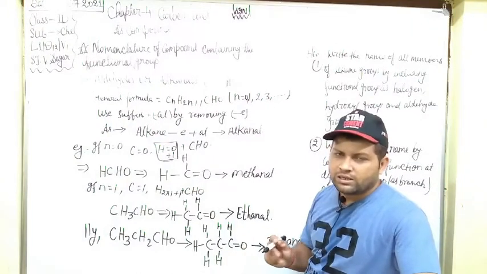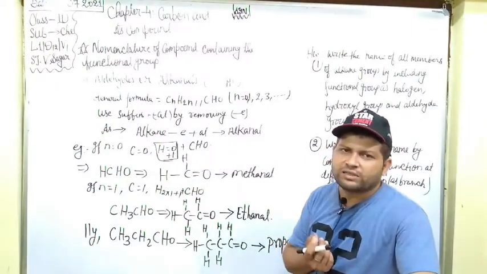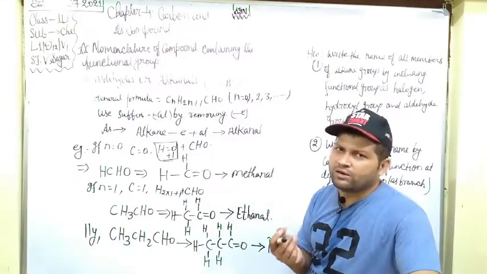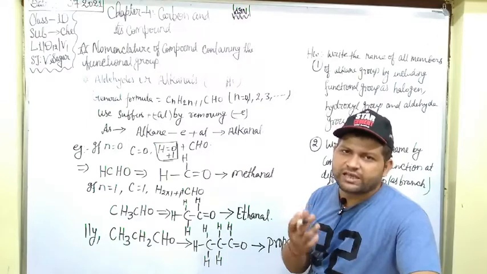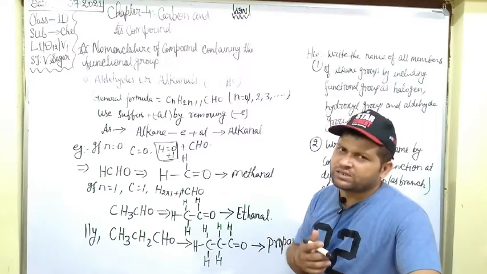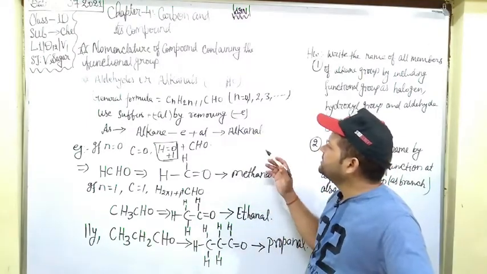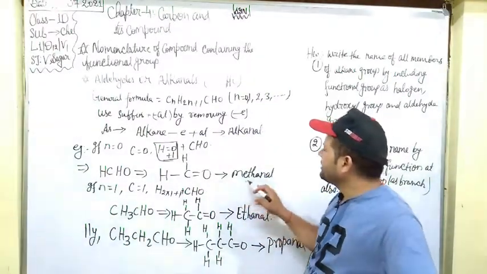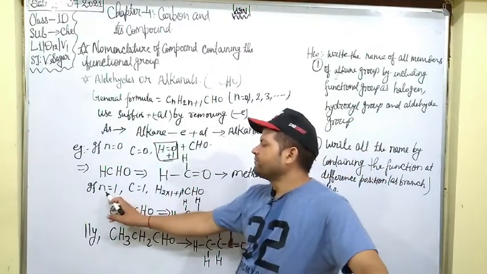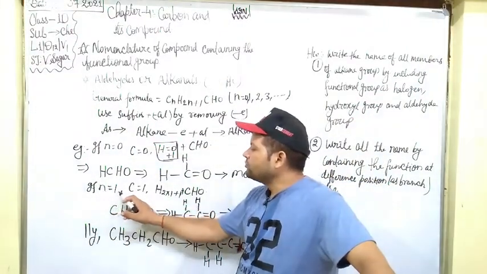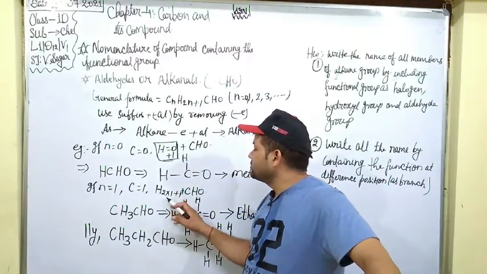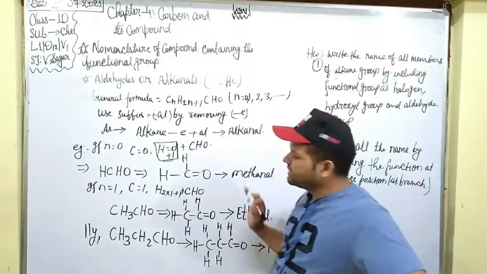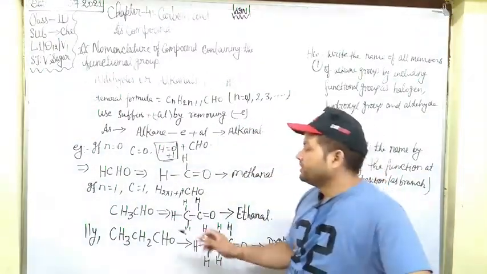Understood? It is quite different from the names of compounds having halogens, because there we use halo as a prefix and here we use L as a suffix. So its name will be methanal. Now if n is equal to 1, C is equal to 1, H is equal to 2 into 1 plus 1 is equal to 3, and we add CHO as a functional group.